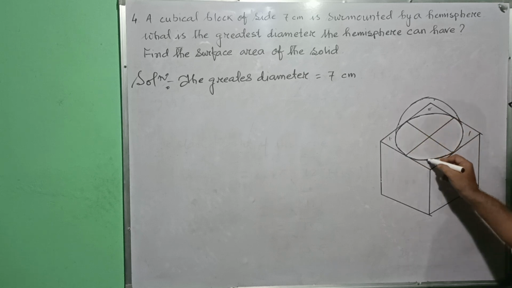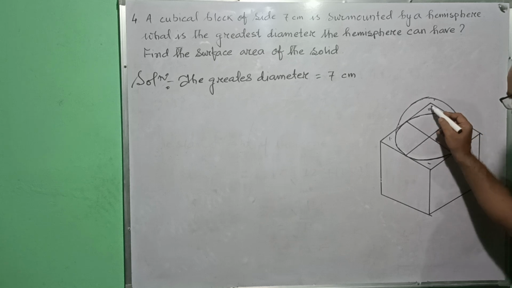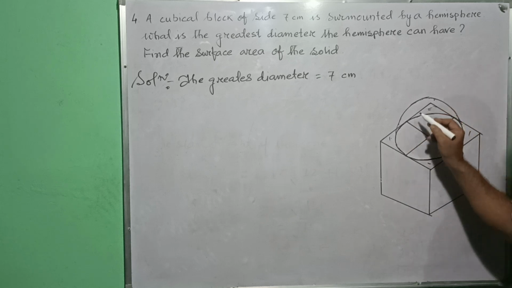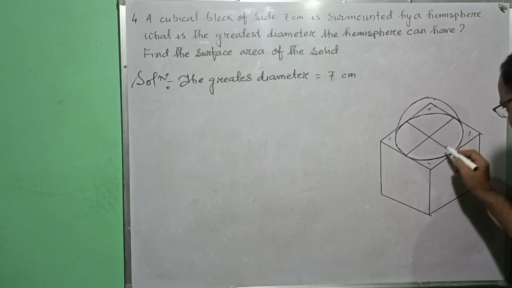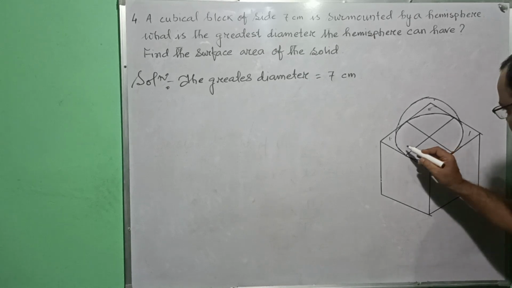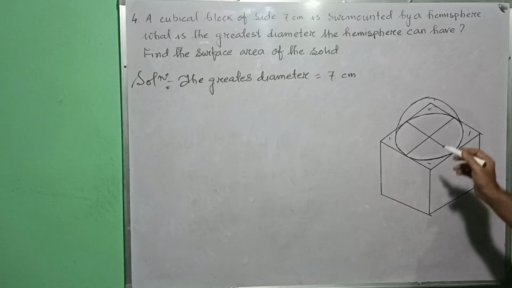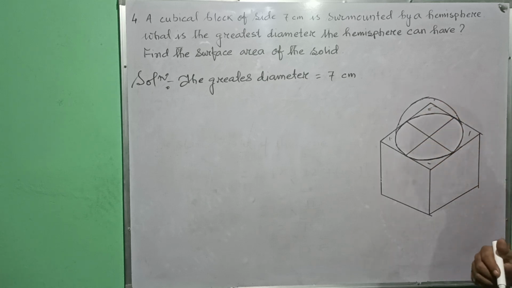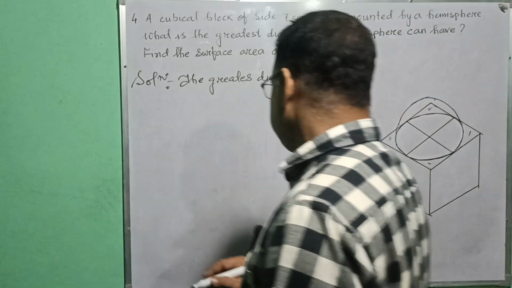If we subtract this circular part from the area of this face, then we'll get the corner parts. And the surface area of the hemisphere usually is 2 pi r square. So this is the way one by one we'll write it.